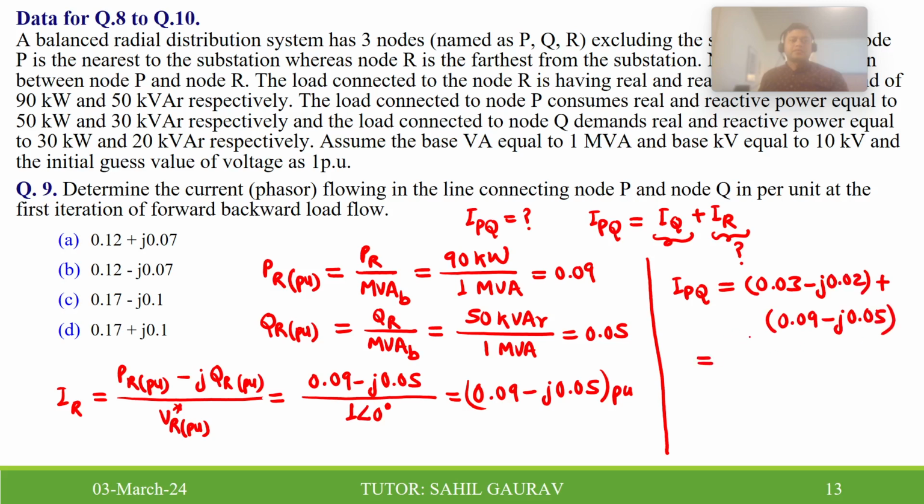Therefore, it will become 0.12 minus J 0.07 per unit. Therefore, the correct answer is B. You all note down this value. We require this value in the last problem.